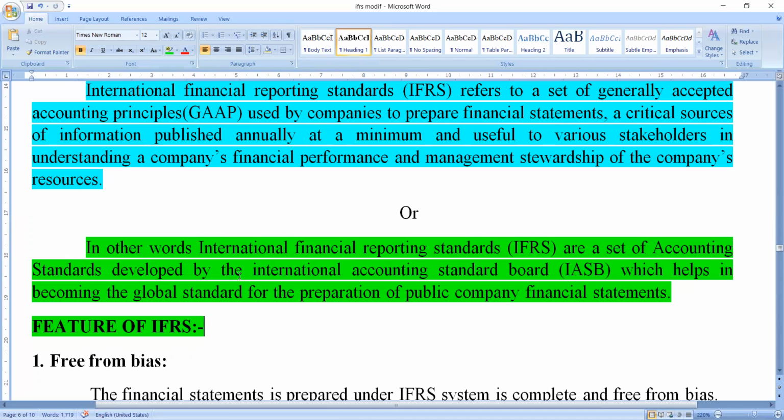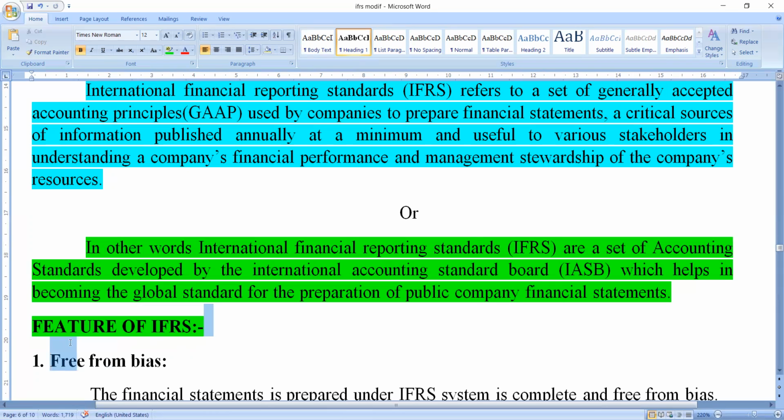The rules and regulations given by the IASB for preparing public company financial statements are what we call IFRS, International Financial Reporting Standards.